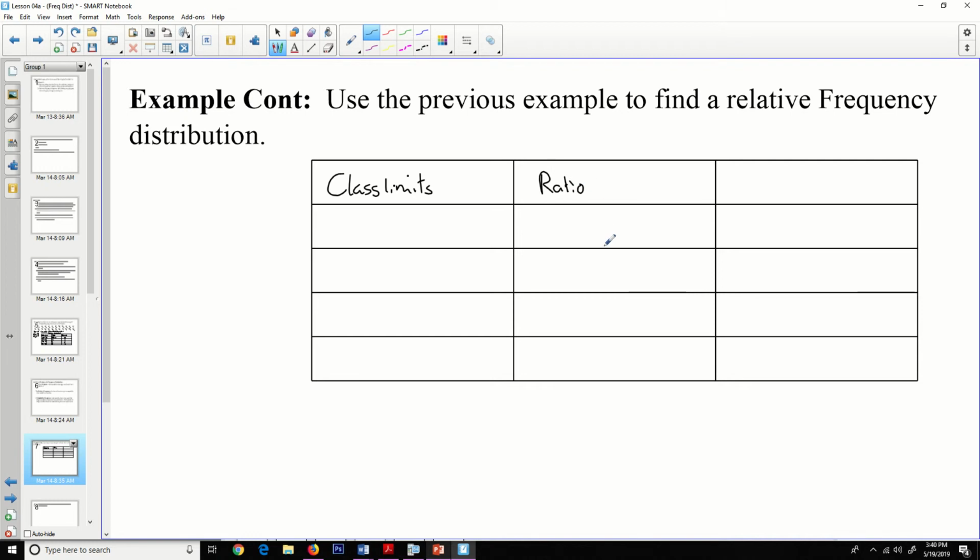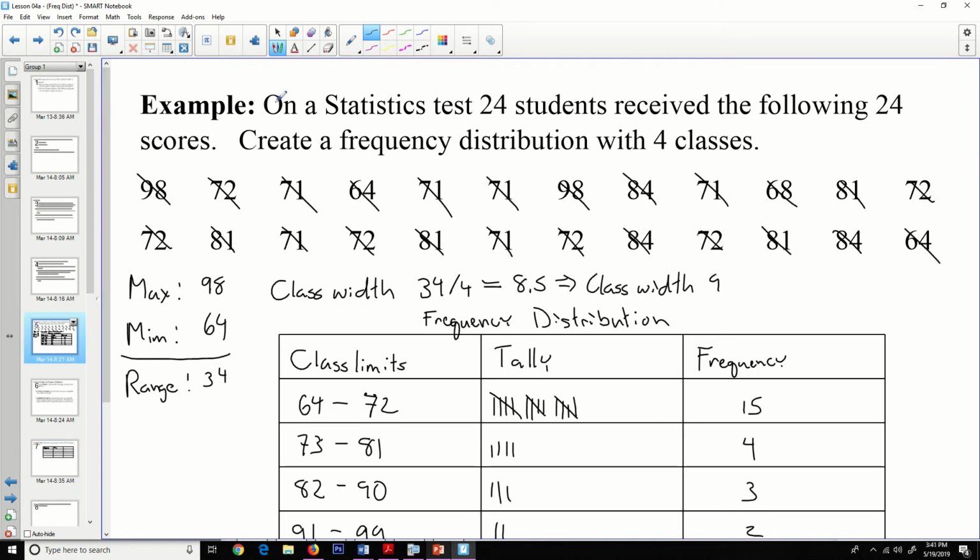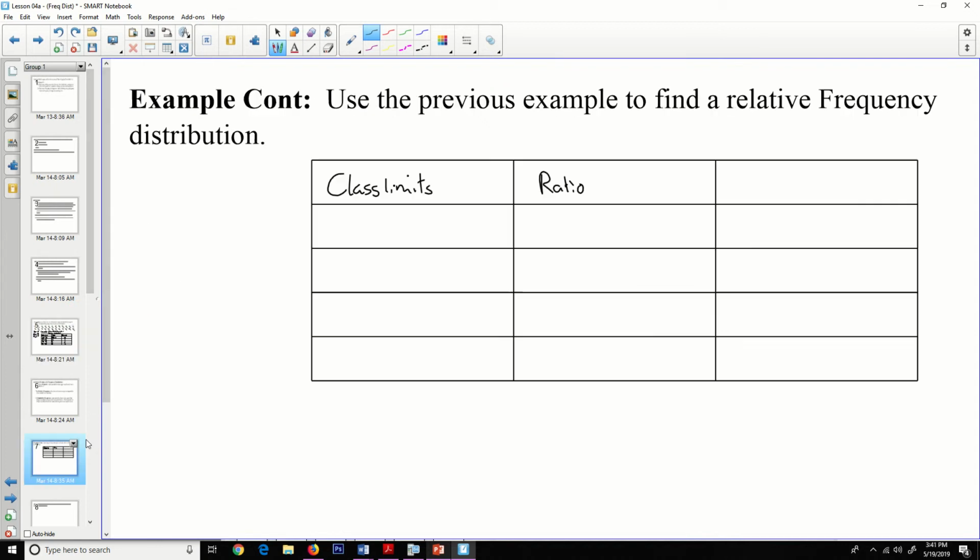And that ratio is always going to be the frequency over the total. If we go back to the first thing on statistics, on a statistics test, 24 students received the following 24 scores. So each of those ratios will have 24 as the denominator here. So 24, 24, 24, 24.